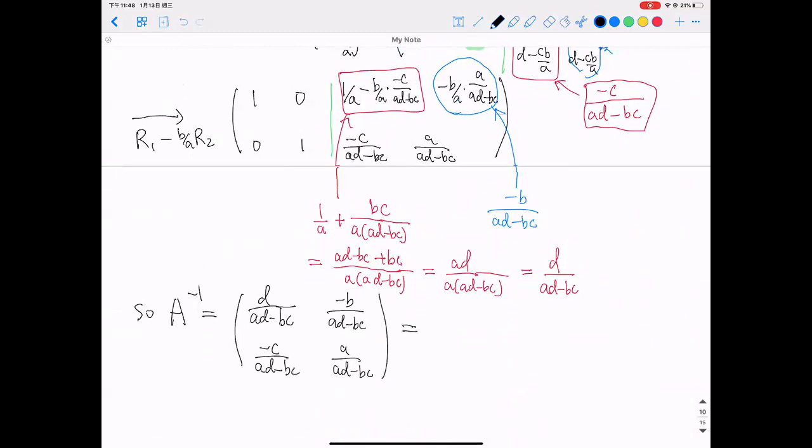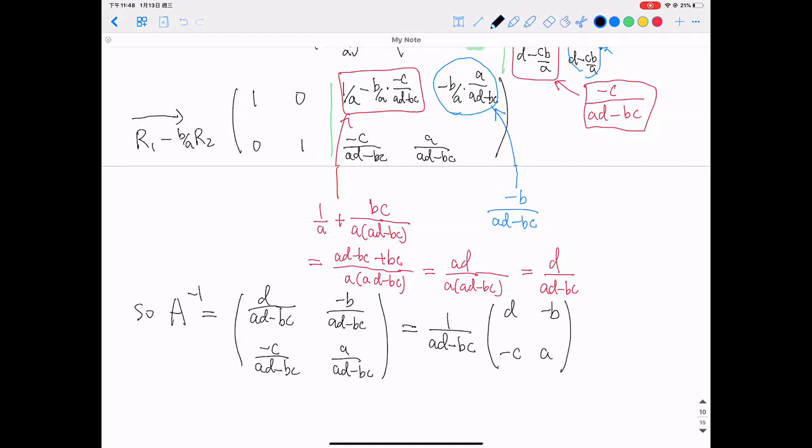And remember, we have the notion of scalar multiplication to matrices. That is, you can multiply a single scalar to all the entries of a given matrix at the same time. In this case, that single scalar is 1 over AD minus BC.